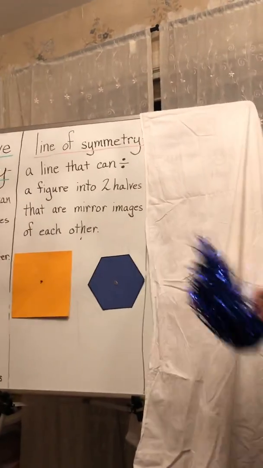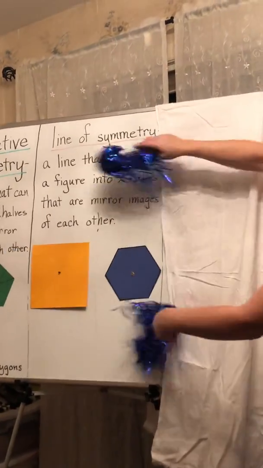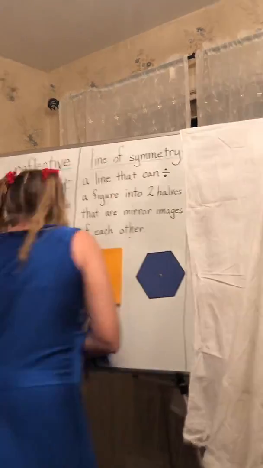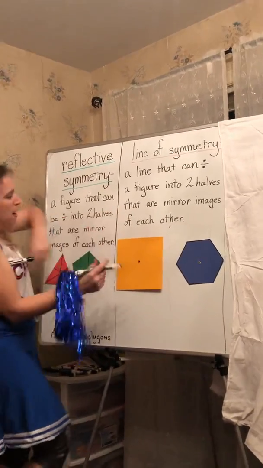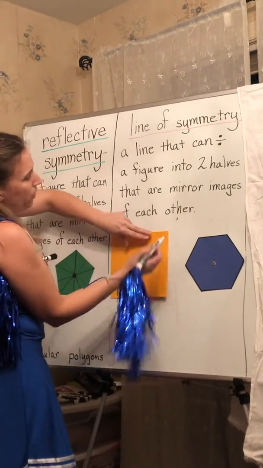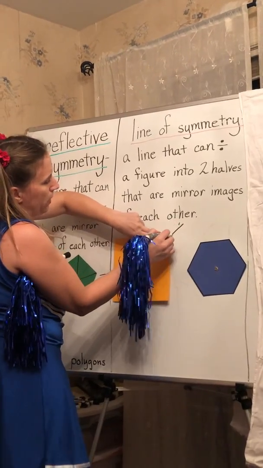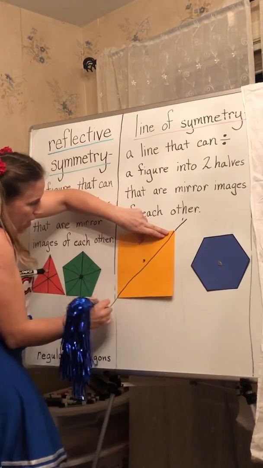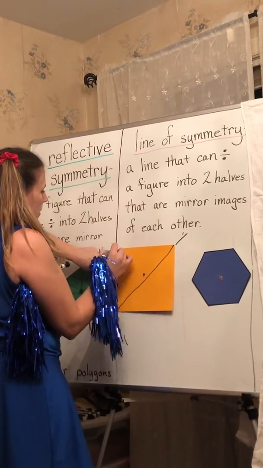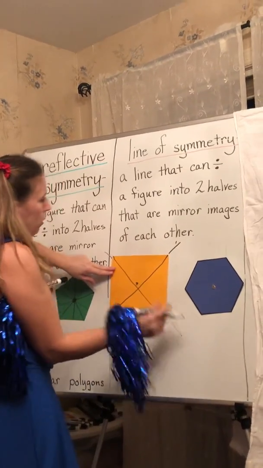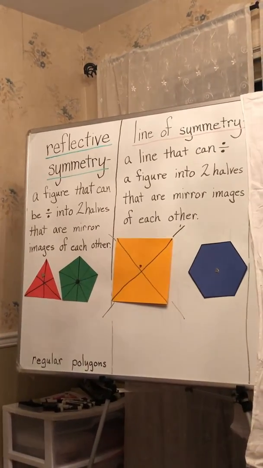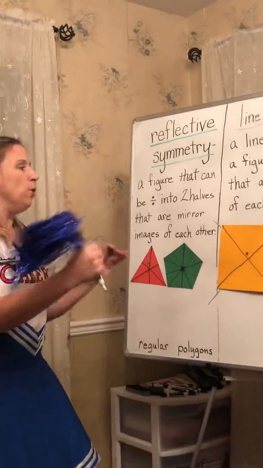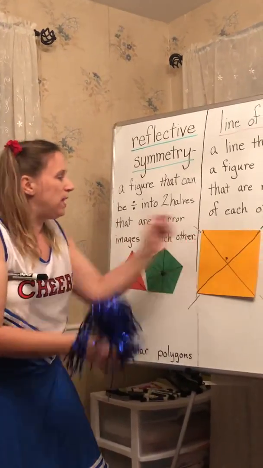So we have our square and we have our hexagon. How many lines of symmetry do we see in each of these? Let's start with our square. If we divide through our vertices just like on the other ones, we have 1, 2, 2 lines through the vertices. But are there other places? We can also divide through each of the sides.